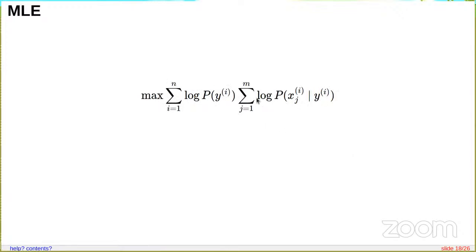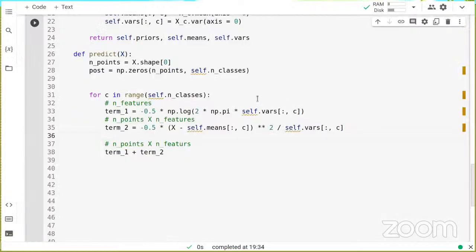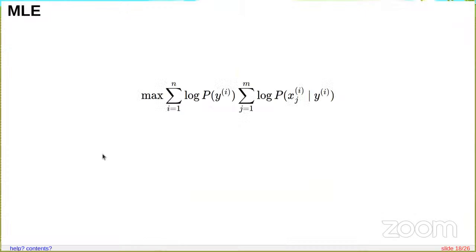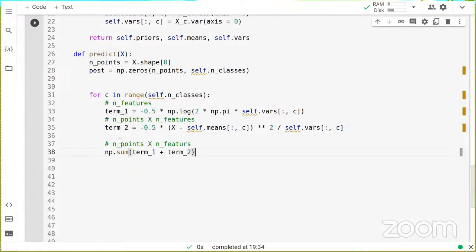I am essentially trying to do this. Okay. P of x given y, right? I need to sum it across the features, which is what axis 1 is all about, right? Axis 1 is all about the features. So I have computed this log of P of x given y. That is what term 1 plus term 2 is, right? So this is the likelihood, right?